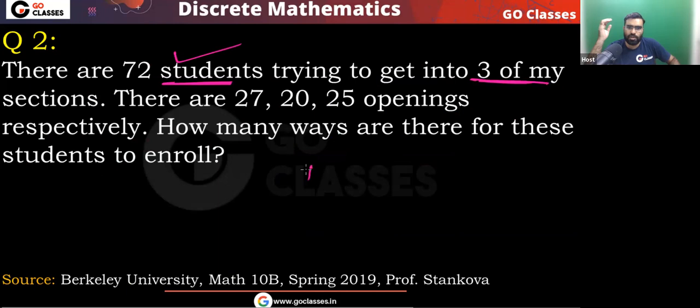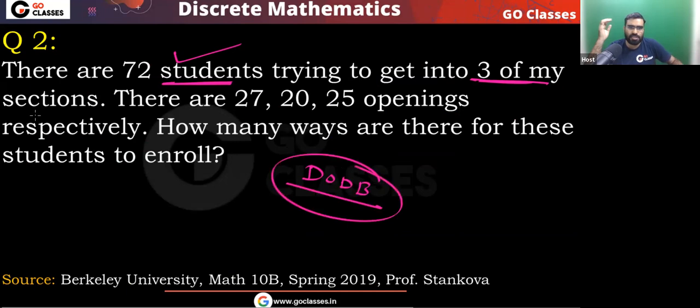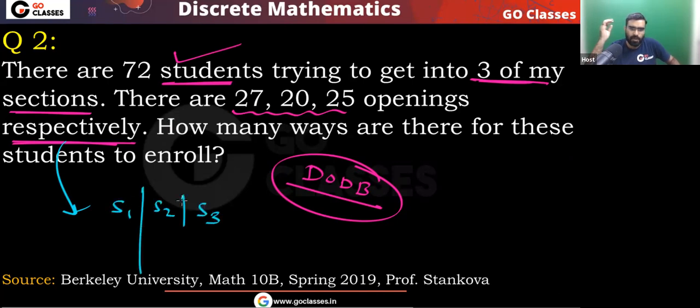Okay, so this is a DODB problem. DODB: different students into different boxes. The boxes are sections. And it is already given that these many openings respectively. This word respectively is actually important, because it means that you have fixed ordering. In these sections, you have fixed ordering. Is this point clear?